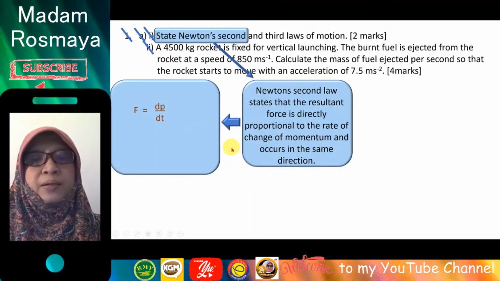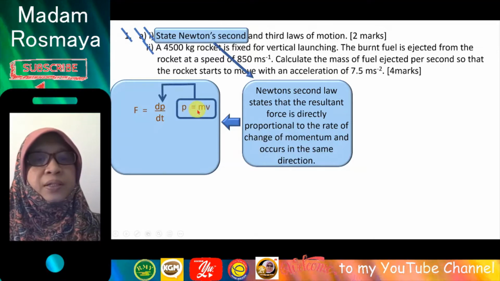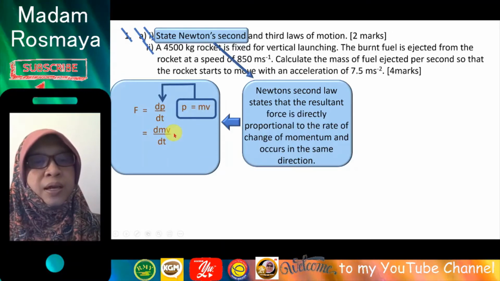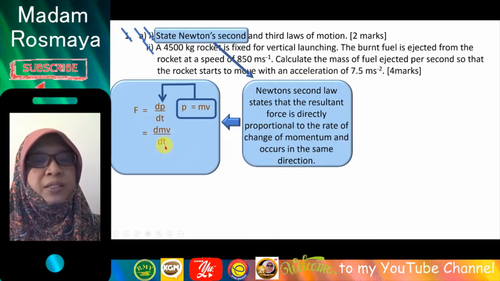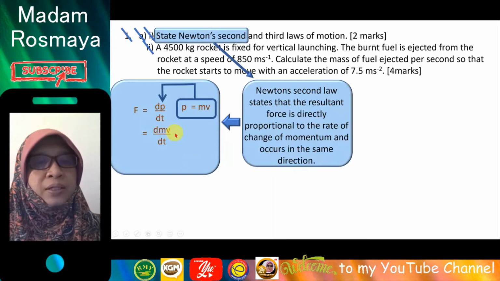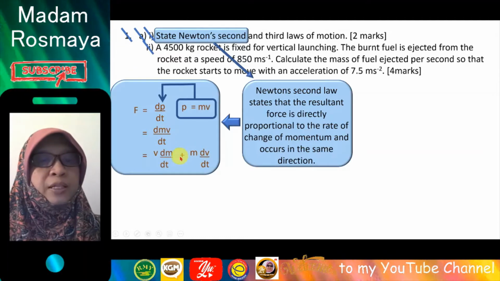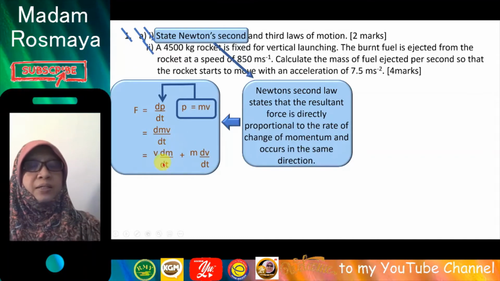P is momentum, which equals mass times velocity. So we substitute in d(mv) per dt, and use the differentiation rule. So we get m dv by dt plus v dm by dt.